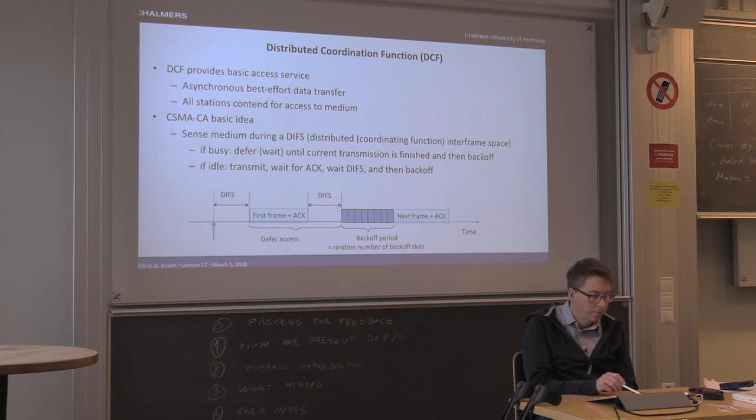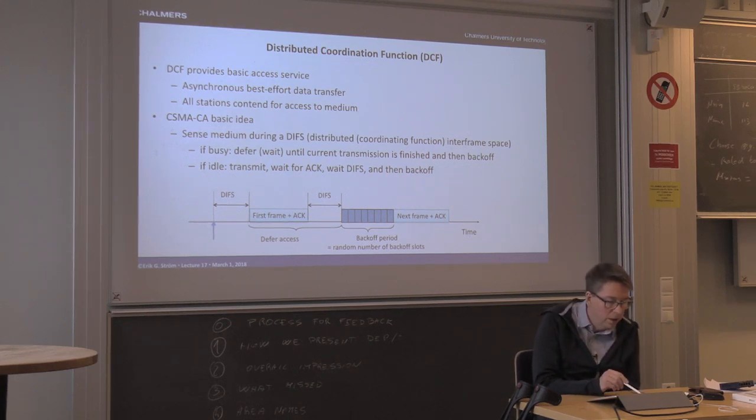Here, if it's idle, however, we transmit, we wait for an ACK, we wait the DIFS and then back off. We will see this in more detail in a second, but the gist of it is that we have a frame ready for transmission. The node senses the medium, and if the medium is idle for a DIFS, then it transmits its frame and then waits for an acknowledgement.